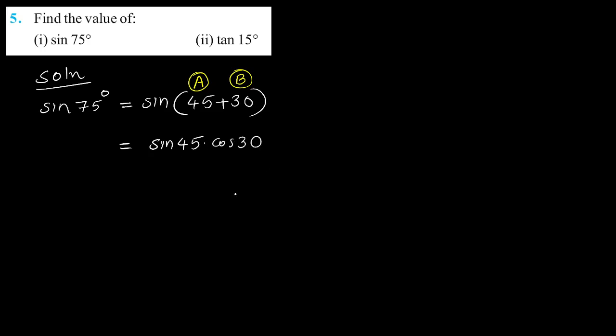Sin A cos B plus cos A sin B. You better memorize the formula, then you will not have any confusion. Is it okay? Devasri, Shivani, are all of you clear? Fadil, have you understood? Yes, sir.